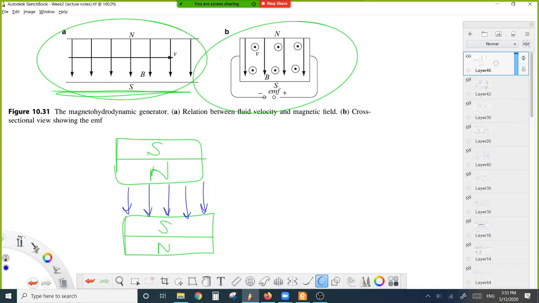So if we look at this picture, picture B is a side view of picture A. This is one conducting electrode and this is another conducting electrode.